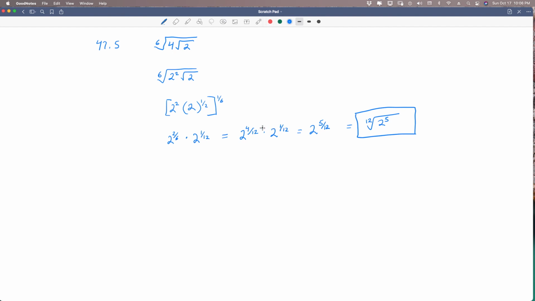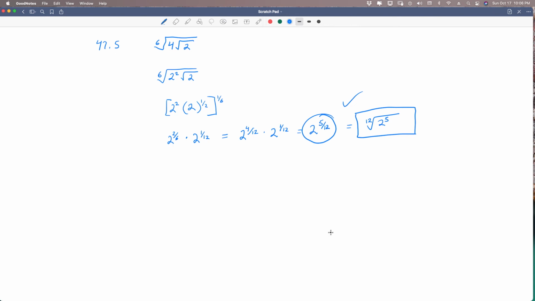And then we can add our exponents together, which gives us 2 and 5/12 as our exponent, which when we turn that into a radical again, this is the exponent for 2, and this is the index on our radical symbol. So if you got that, or this is what we're looking for, those are the correct answers.